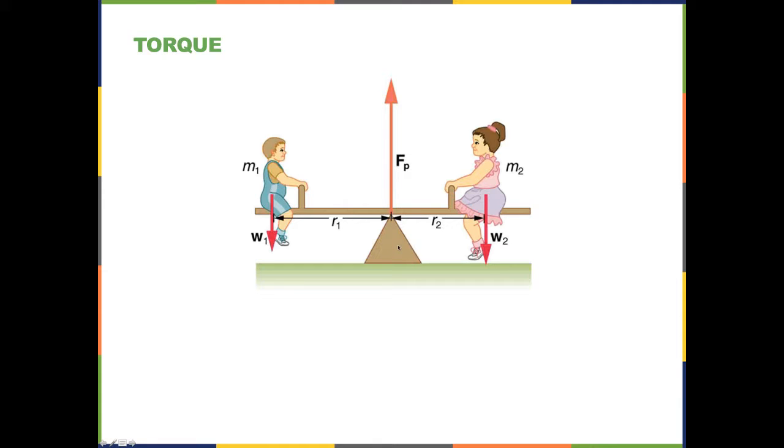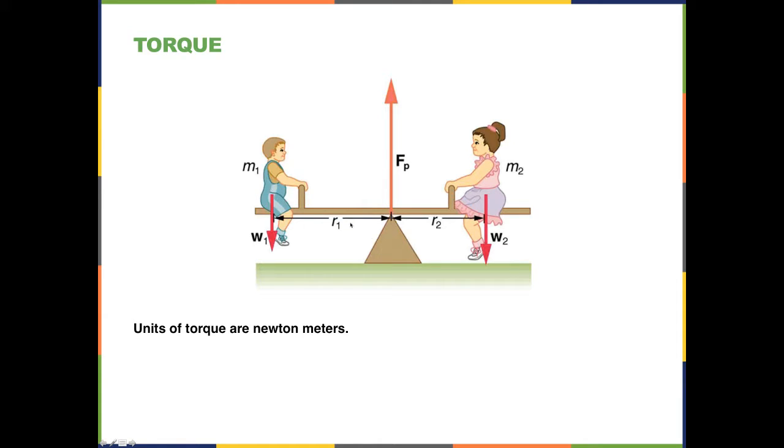Now here we have 2 individuals sitting on a seesaw, and the seesaw does not move. The units for torque are Newton meters because it's a multiplication of distance and force, okay? And you have a smaller person with a larger distance from the pivot point versus a larger person with a smaller distance to the pivot point.